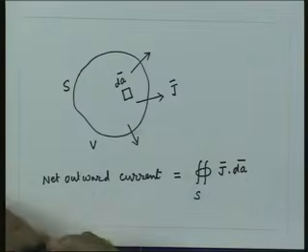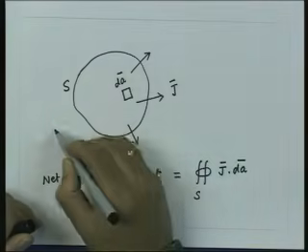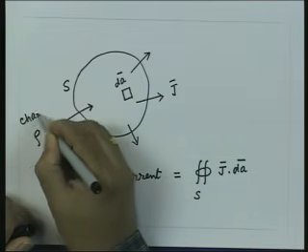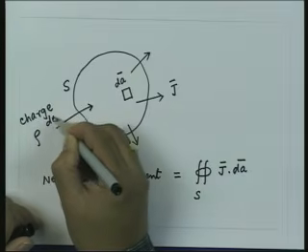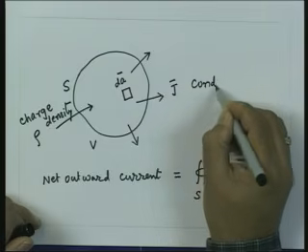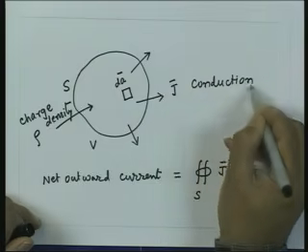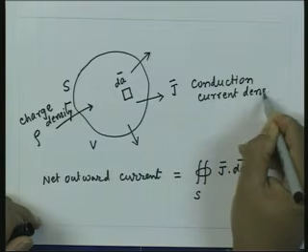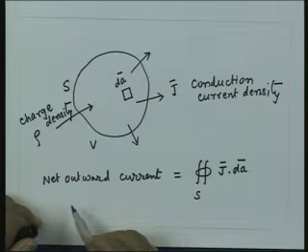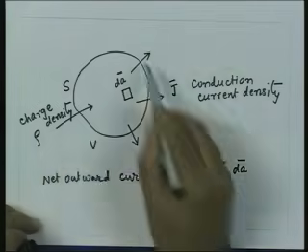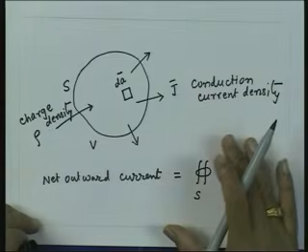So, if I say that this volume is having a charge density, which is given as rho, and this is the conduction current density, then the net decrease or rate of decrease of charge inside this volume must be same as the total current which is coming from this surface.